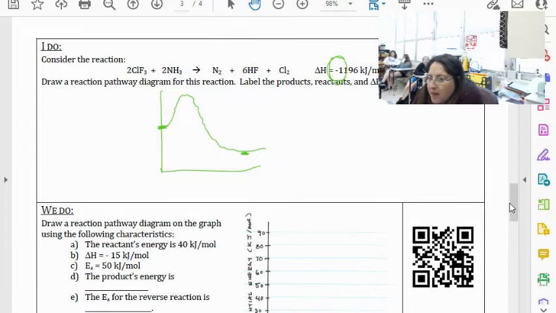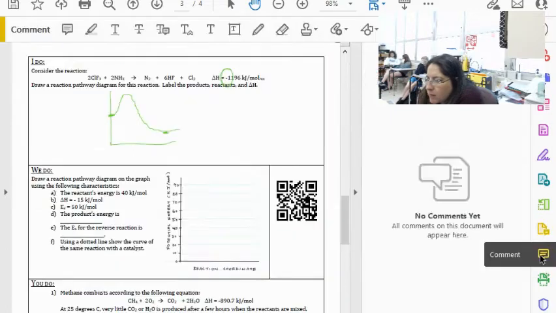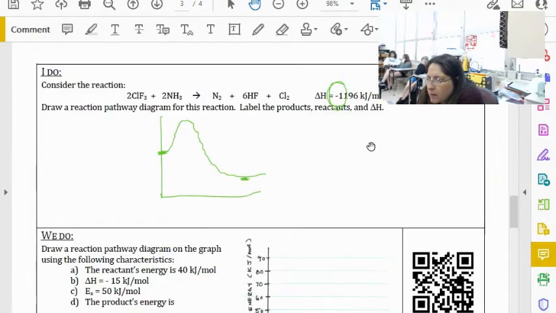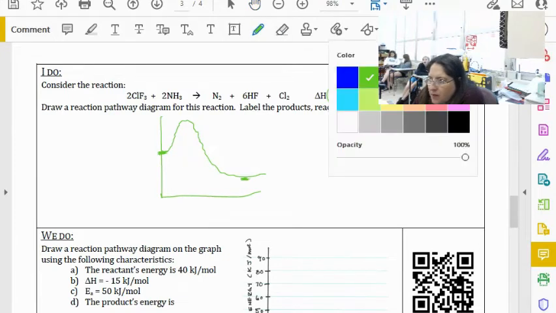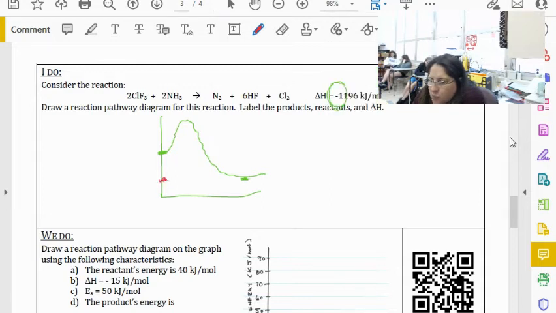All right. And then they wanted us to show the delta H here. So remember, the delta H is the difference between my products and my reactants.